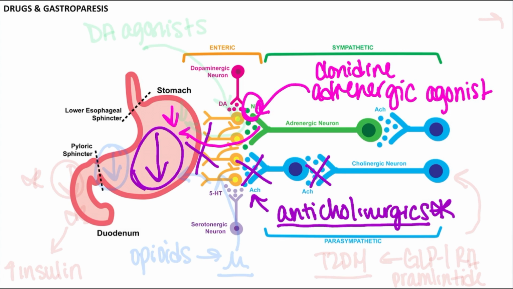But there are a number of others. Similarly, dopaminergic agents or dopamine receptor agonists, which are used in the treatment of Parkinson's, can similarly stimulate those D2 receptors in the enteric nervous system to, again, reduce GI motility.